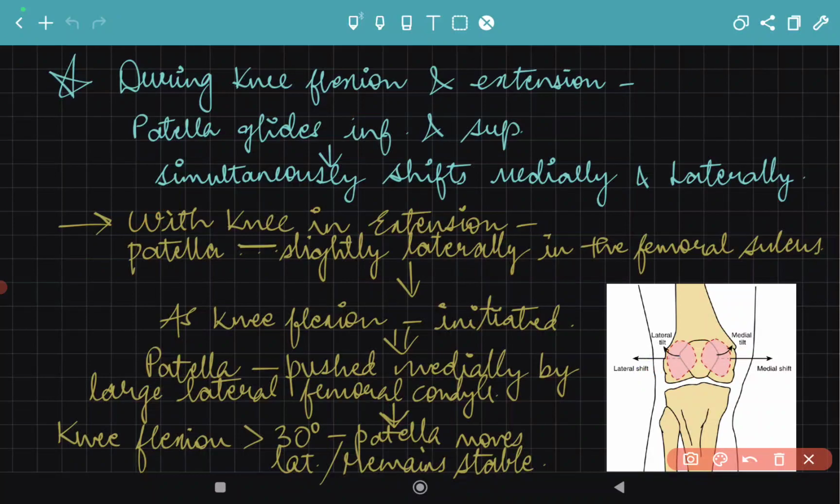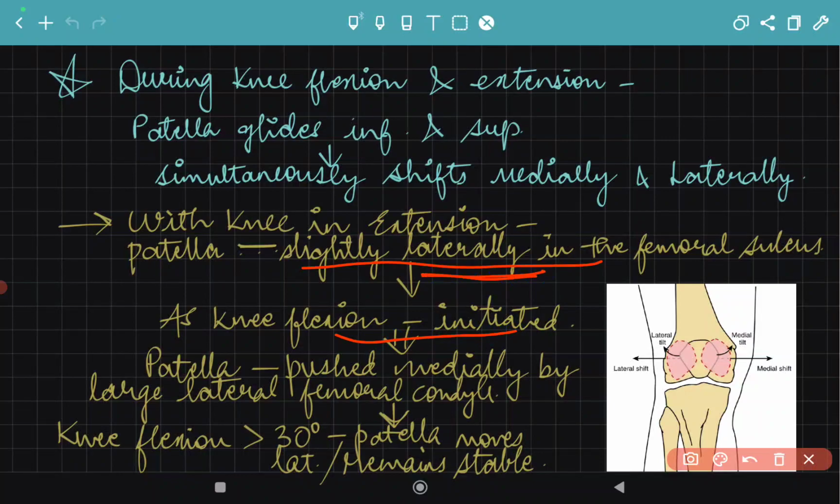So as it is placed slightly laterally in knee extension, now as the knee flexion is initiated, this patella from its lateral position in the femoral sulcus is pushed medially by the large lateral femoral condyle as knee flexion is taking place. So initially it was laterally placed in femoral sulcus.